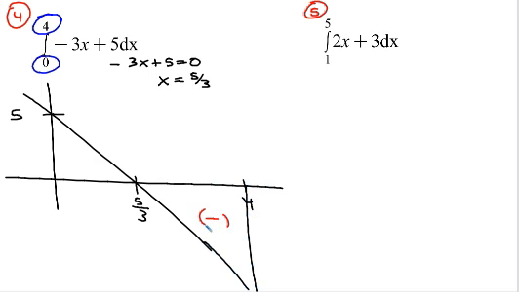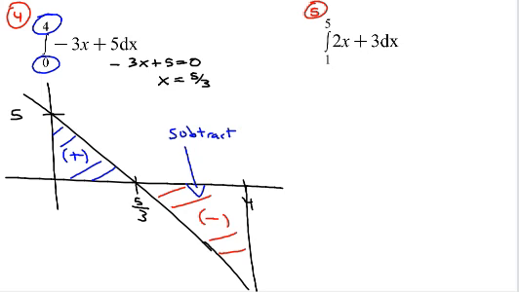That section is a negative area, and this section over here has a positive area. So you have to break this up into two triangles, and this area you will need to subtract. And so that's the clue on problem 4.